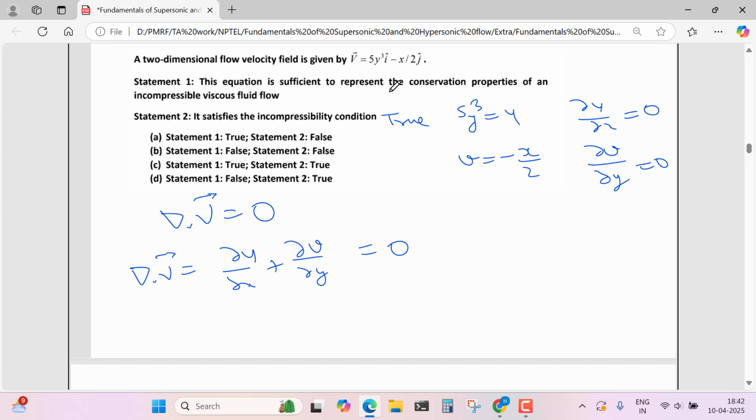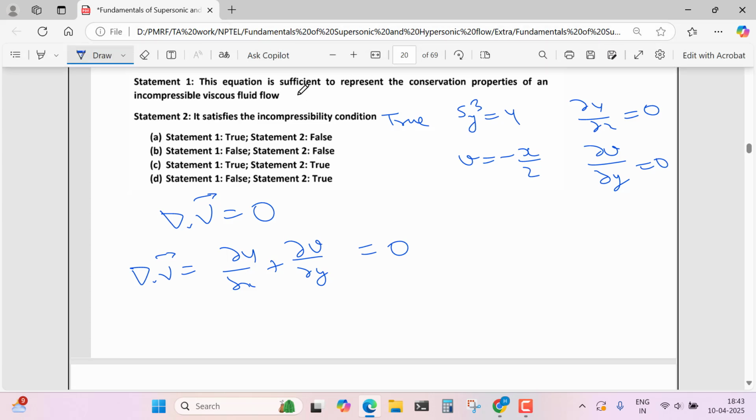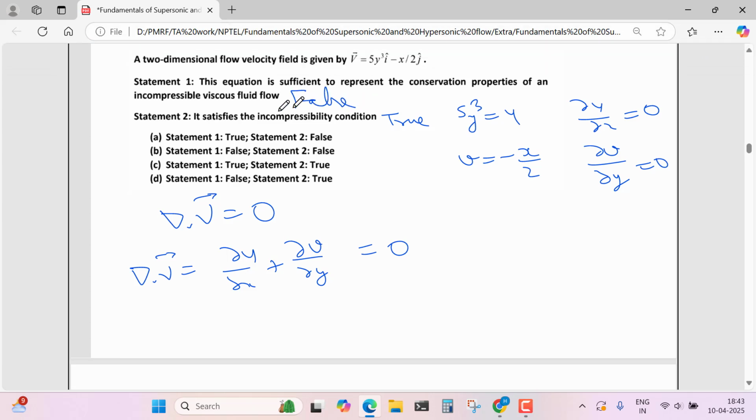So this equation is not sufficient to represent the conservation properties of an incompressible viscous fluid flow. So statement 1 will be false. There are 4 options and option B is the correct one, in which statement 1 is false and statement 2 is true.